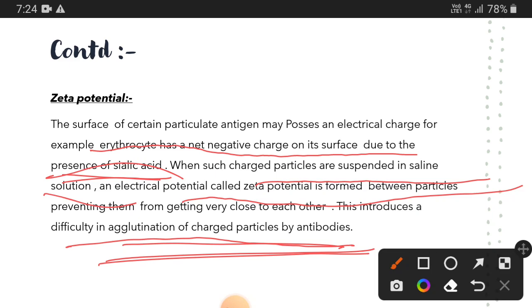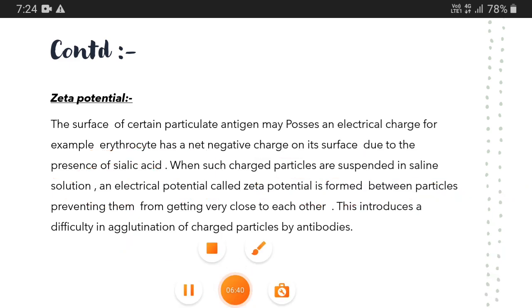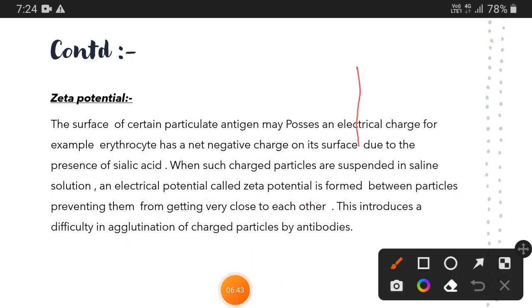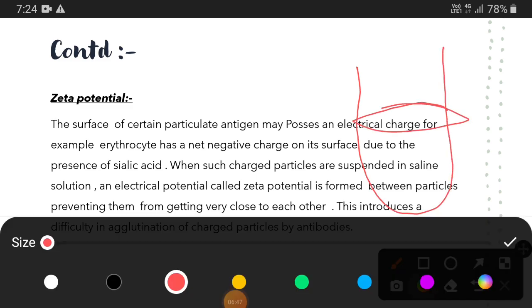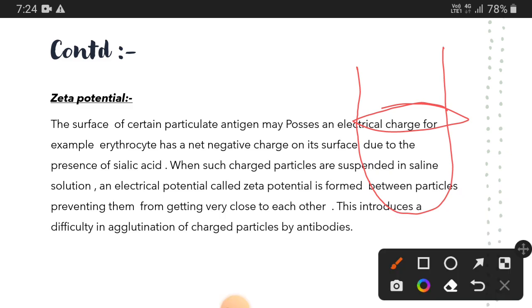So what does it mean? Simply, suppose this is a liquid suspension, and this is your antibody. This is your antigen, and on the surface of the antigen there is a charge. For example, if it is an erythrocyte, then there is a net negative charge.